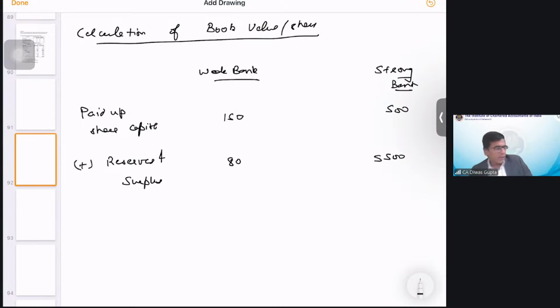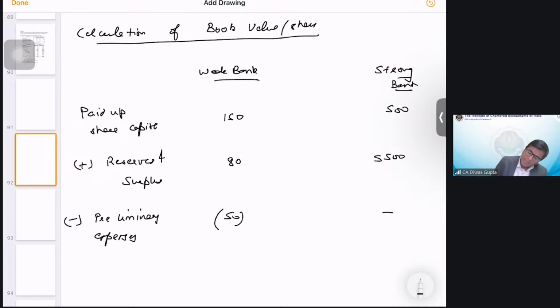Okay. Then minus preliminary expenses, right? Minus preliminary expenses.